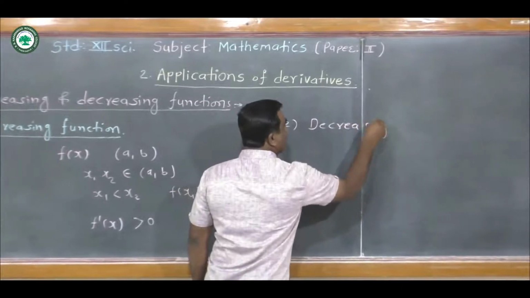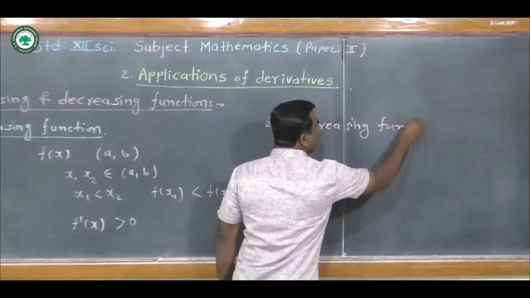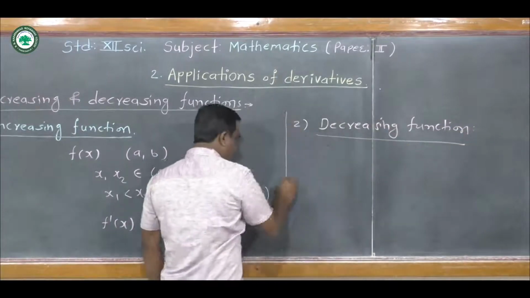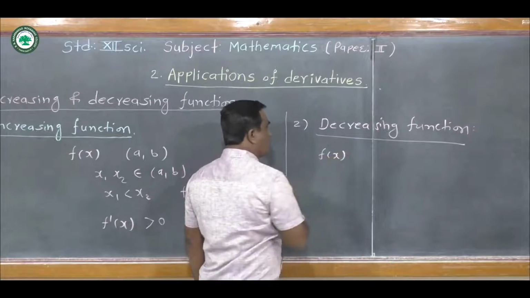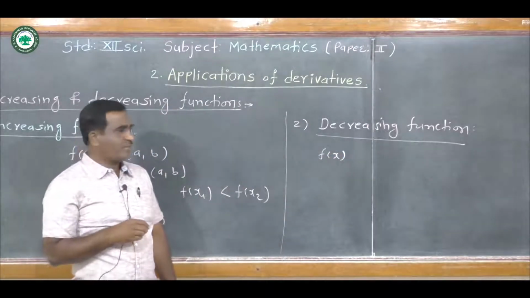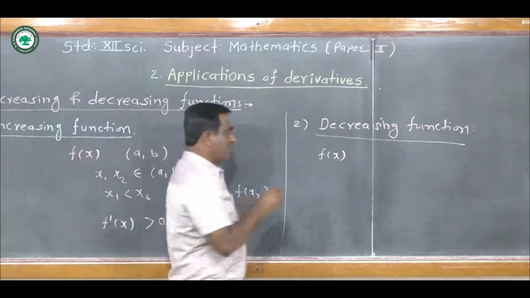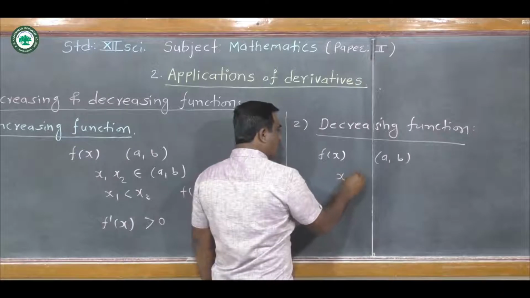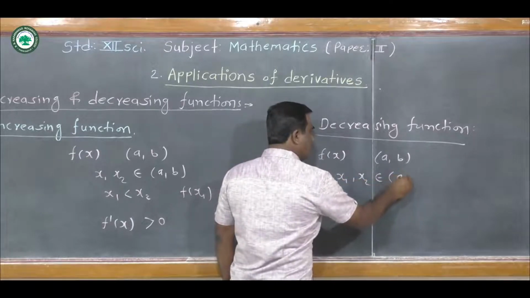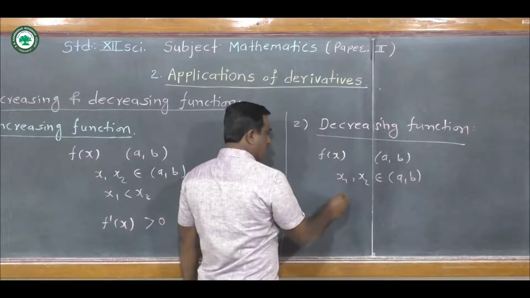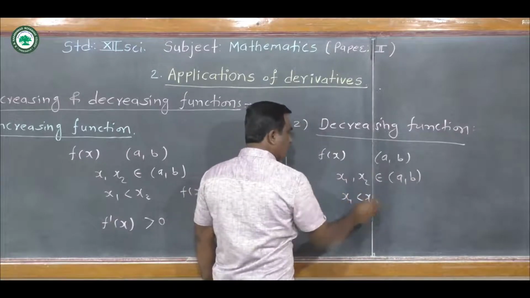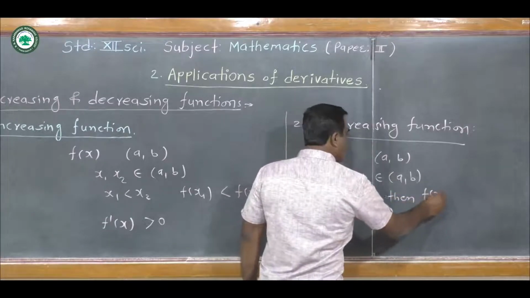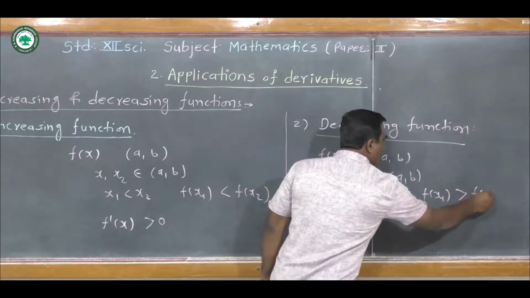Decreasing function. Here also, a function f of x is said to be strictly decreasing in an open interval AB if for every x1, x2 belonging to open interval AB with x1 less than x2, then f of x1 is greater than f of x2.